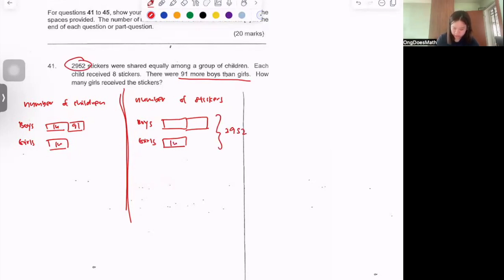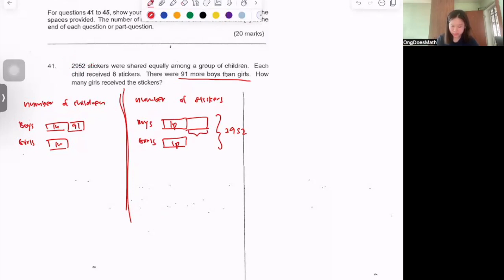Still put this as 1 unit, 1 unit. I will not put this as 1 unit, 1 unit because it might confuse you. I'll put this as 1 part instead. But it means the same thing. So now, let's find out this guy over here.